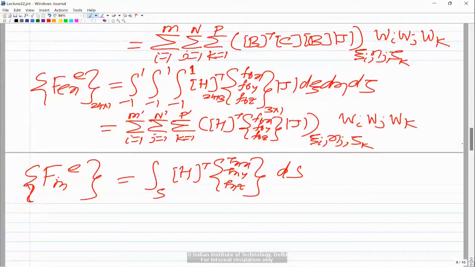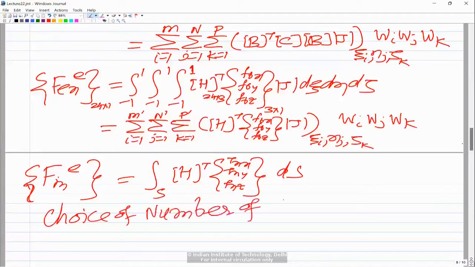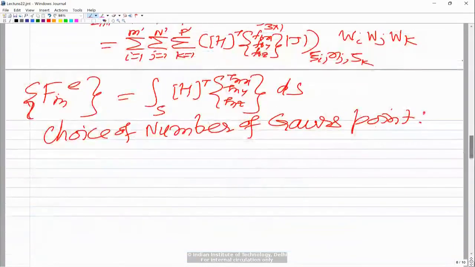Now the choice of number of gauss points. So in the Gauss quadrature numerical integration which we have written over here, how do we choose this number of gauss points?